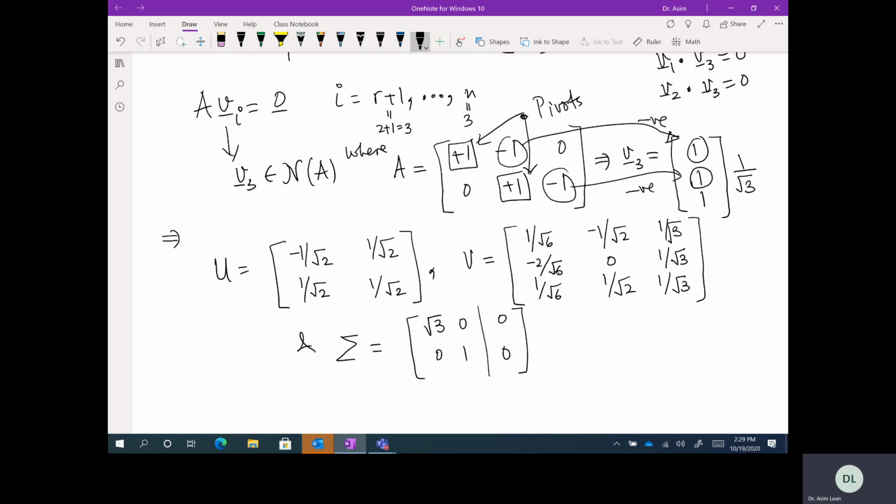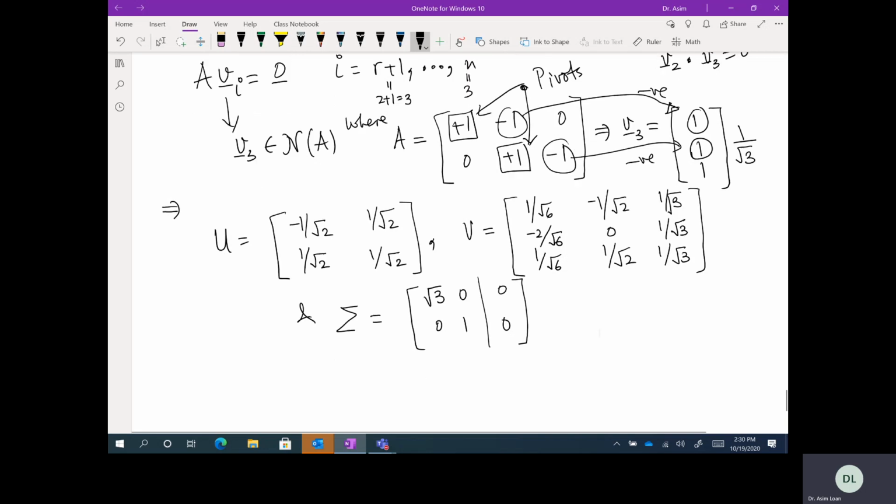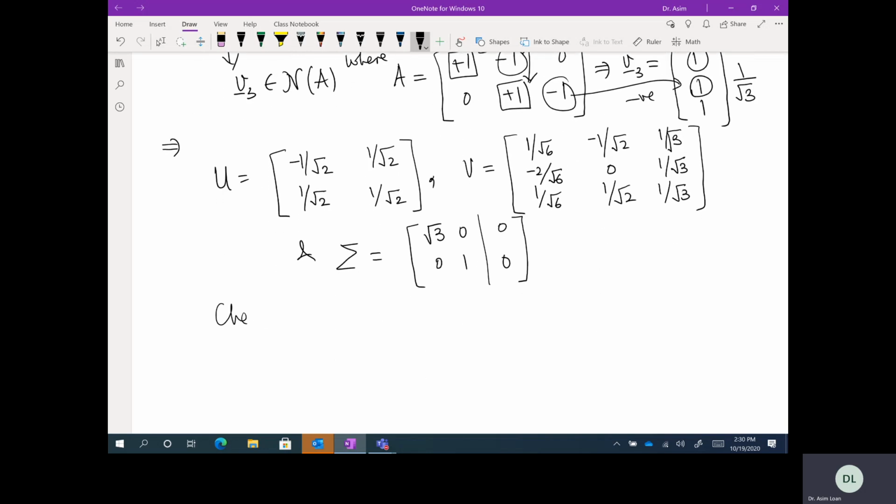And at home, you can actually calculate this and see whether it is equal to A or not. So check A equals U sigma V transpose, and you'll find that this is indeed the case. Okay.